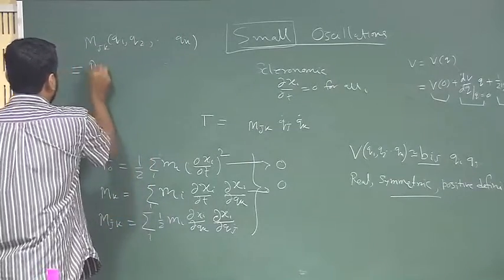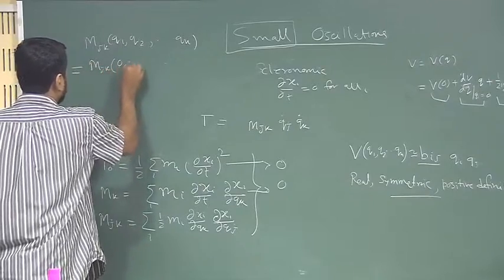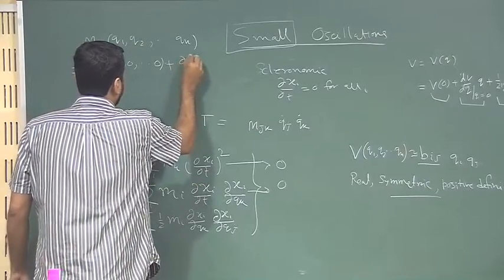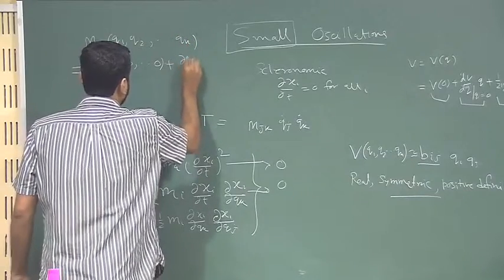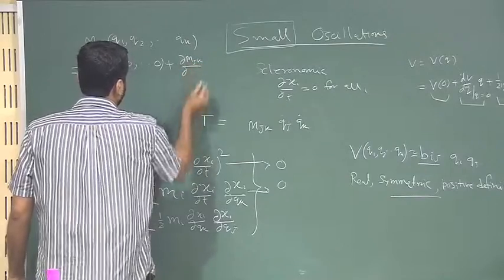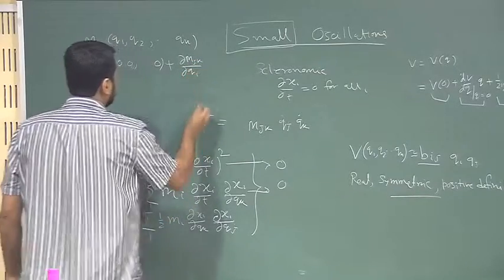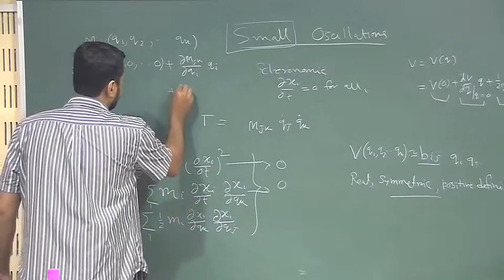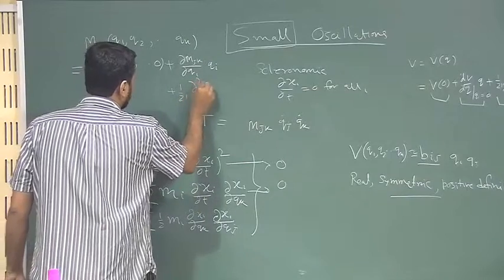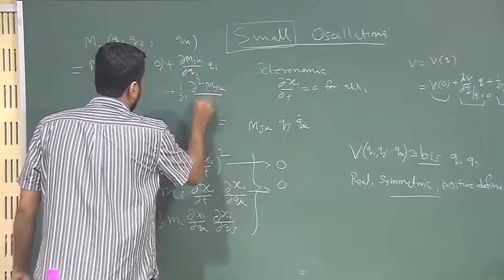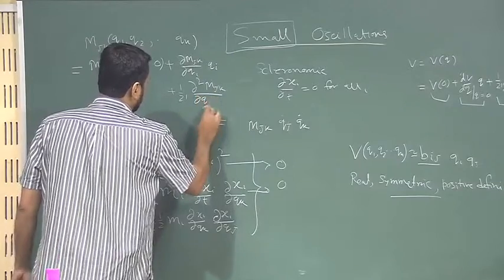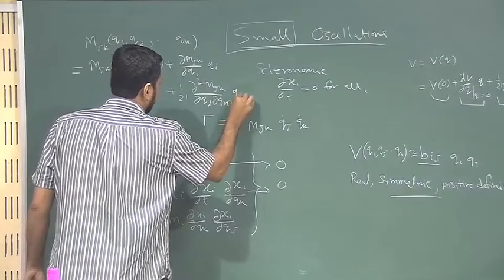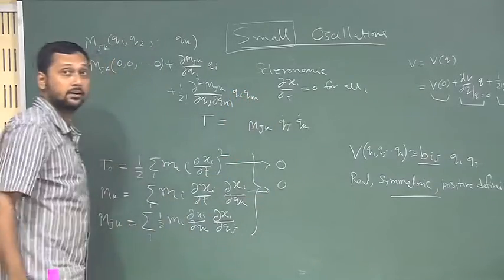The first term will be M j k evaluated at 0, then the second term will be del M j k del q i, plus 1 by 2 factorial del 2 M j k del q l del q m, q l q m, like that.